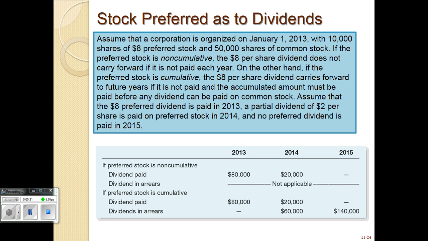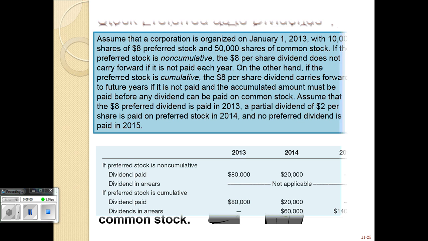So in 2015, the amount they're in arrears is 140 grand. How did they get that 140 grand? The 80 grand from the prior year, plus the 60 grand from 2013, plus the 60 grand from 2014. Okay, means that they have 140,000 in arrears, meaning they have to pay 140,000 to the preferred shareholders before any of the common shareholders will be paid any dividends.